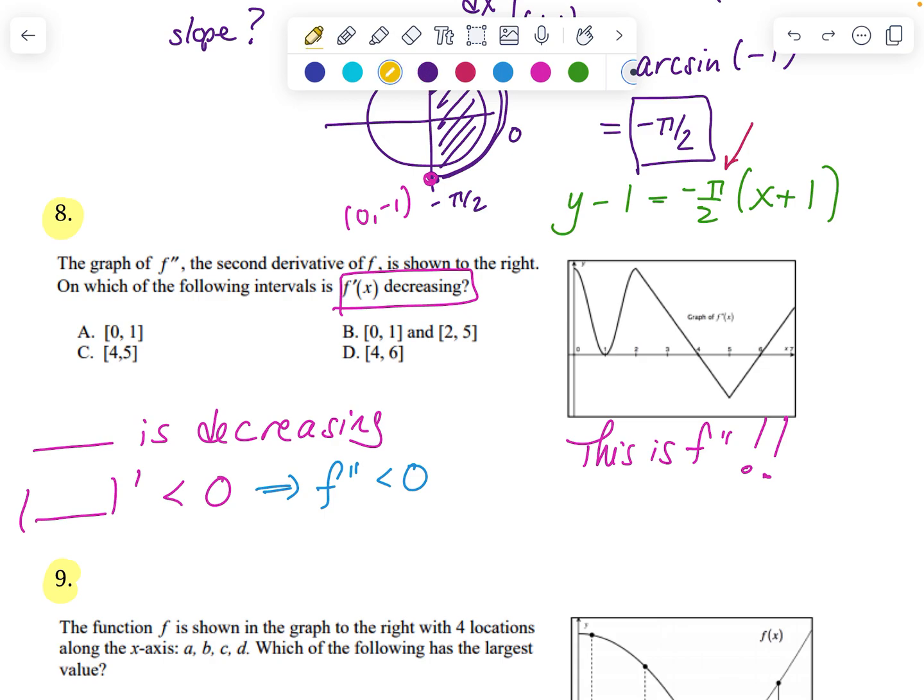You guys, we've got a graph of f double prime, and it's in negative land right here. So that's this chunk. Now you might wonder why that's a closed interval instead of an open interval. That's one of those math fights, okay? There are math fights about whether you should use open or closed intervals on increasing and decreasing and on concavity. And do not worry your head about it. I understand both perspectives.